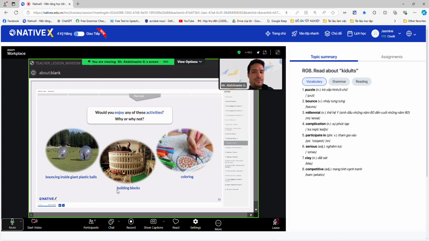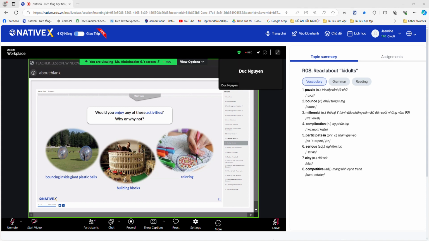Yes, I enjoy coloring. Okay. What about Mr. Huyen? Coloring. Yeah, I enjoy bouncing inside plastic balls, because I think when I am in the ball, I can play everything in the balls. Very good. Yes, that's right.